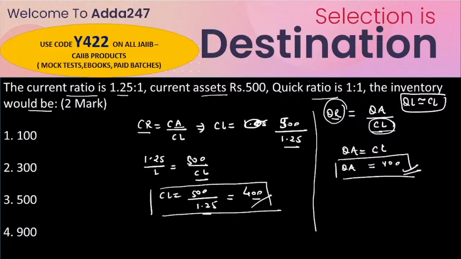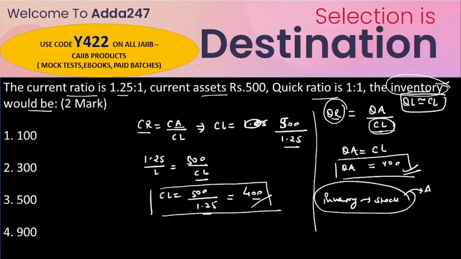Now if we have to calculate the inventory here, we know that inventory is a part of the current assets, not of the quick assets. Inventory is related to our stock, and stock is an asset for us as well as a current asset, but it is not a part of the quick assets.